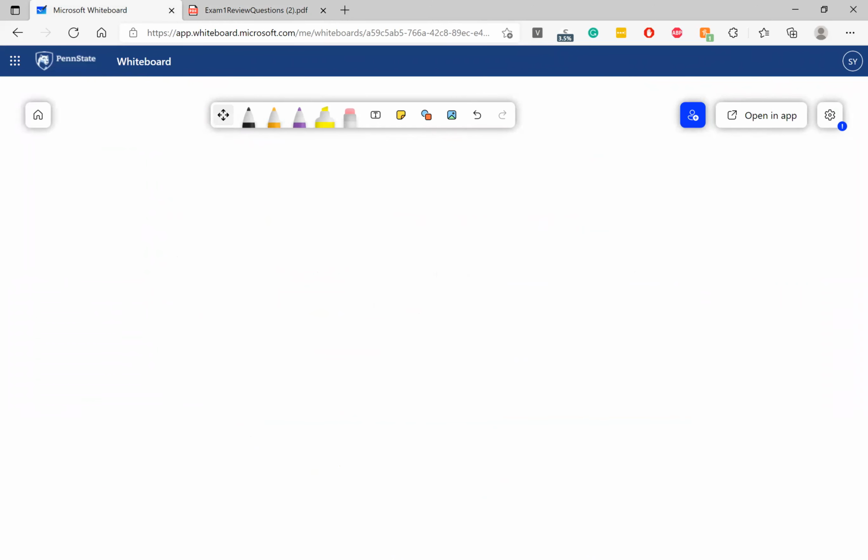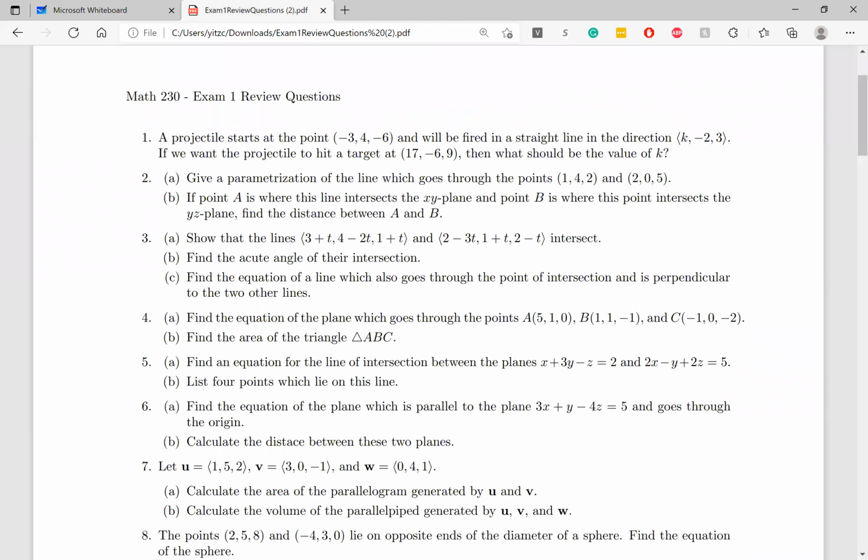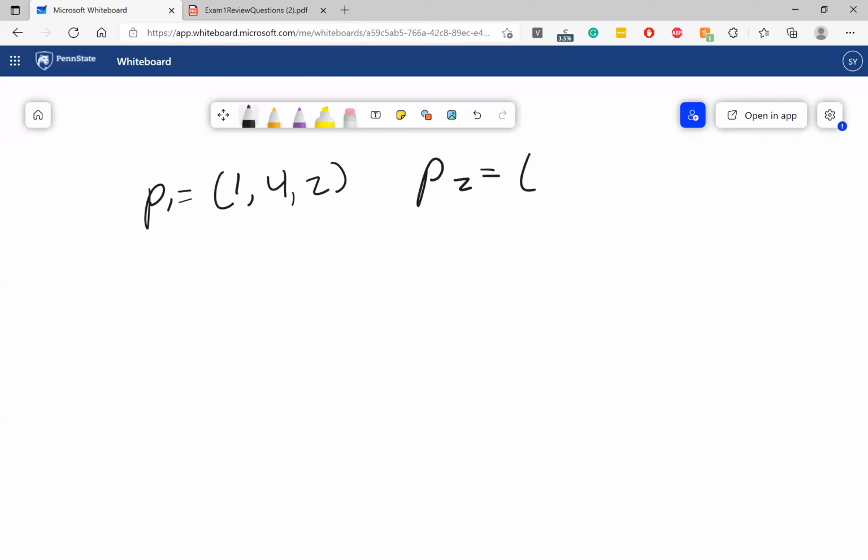So our P1 is the point (1, 4, 2). And our P2 is the point (2, 0, 5).